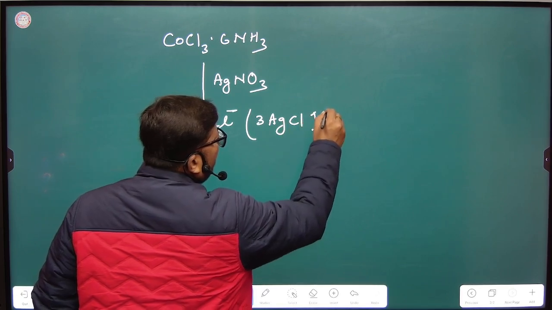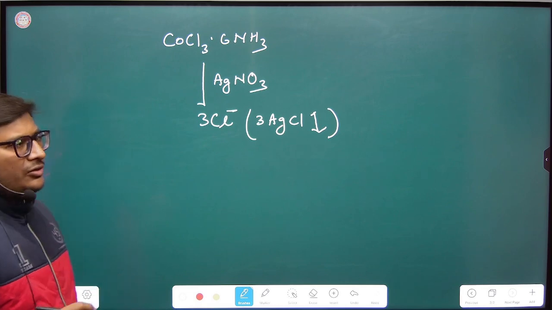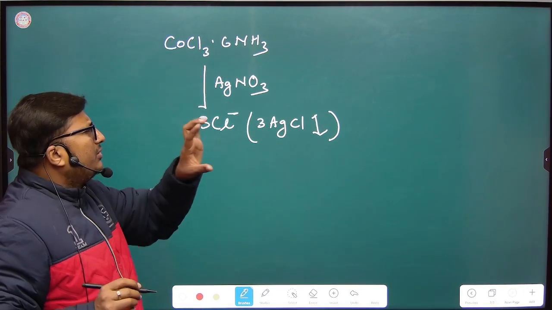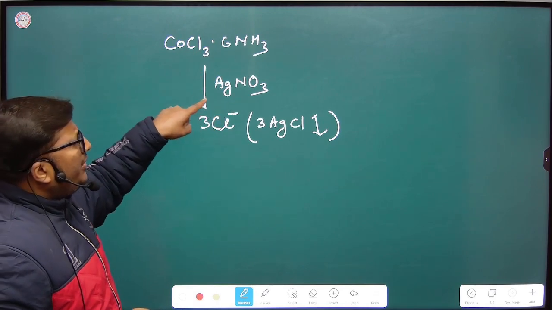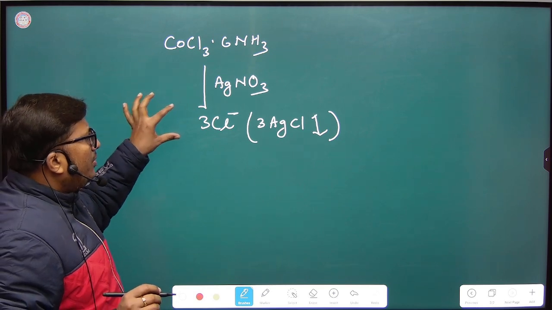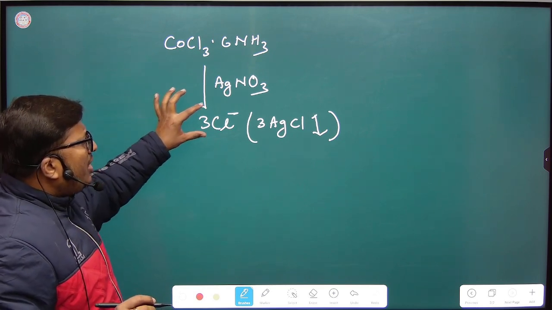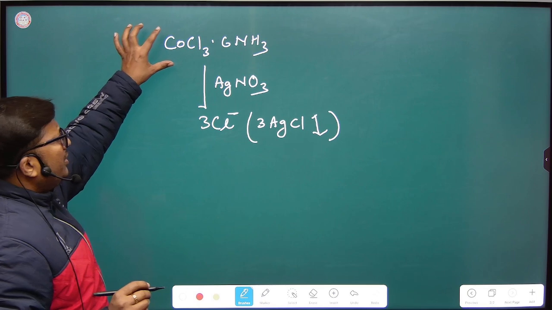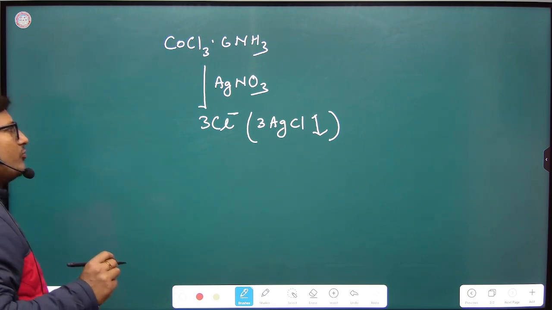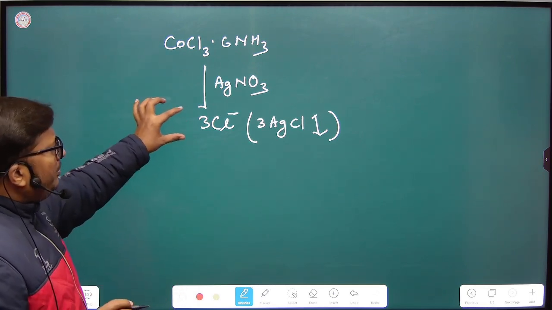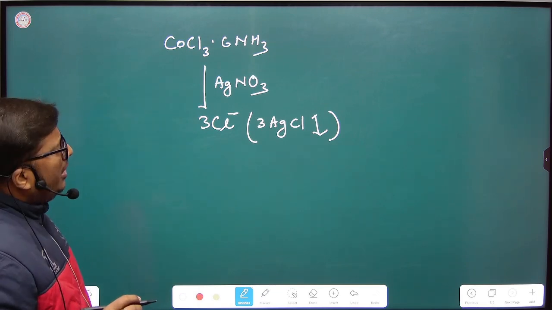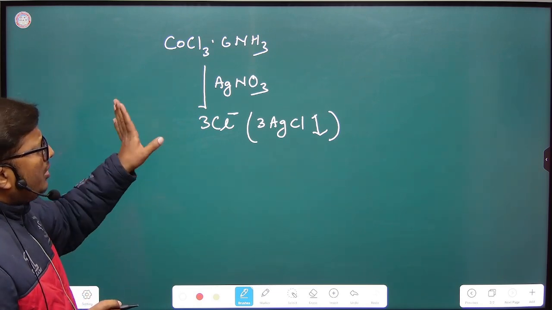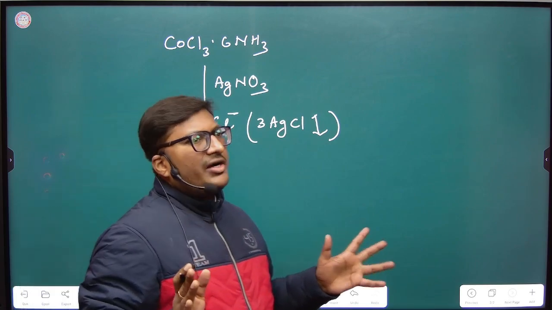In the aqueous solution of this compound, silver nitrate was added, resulting in precipitation of 3 chloride ions. From this precipitation, he confirmed that these chloride ions are outside of the coordination sphere.